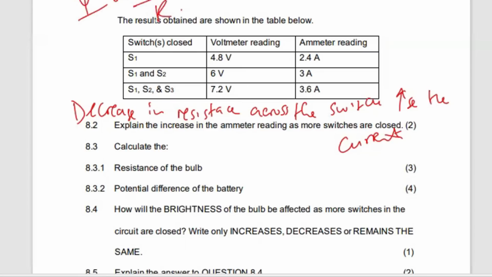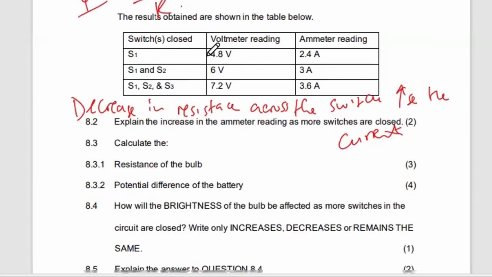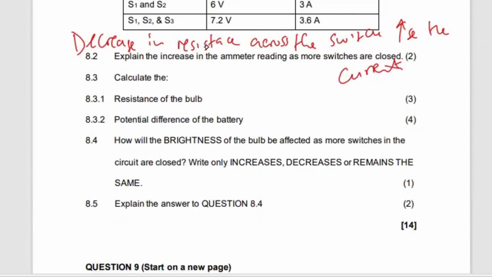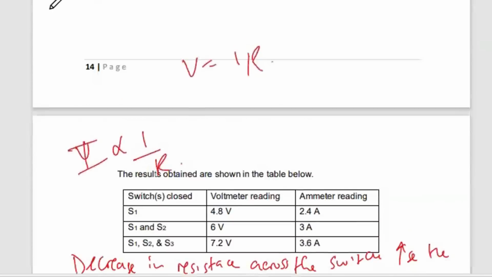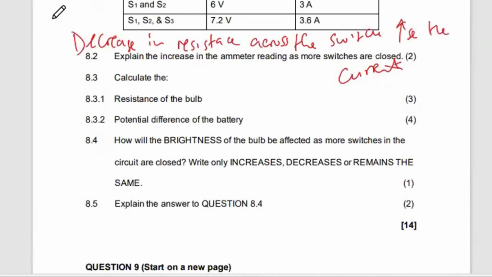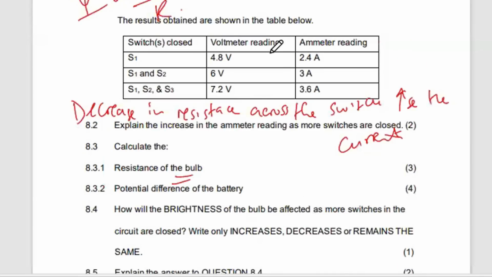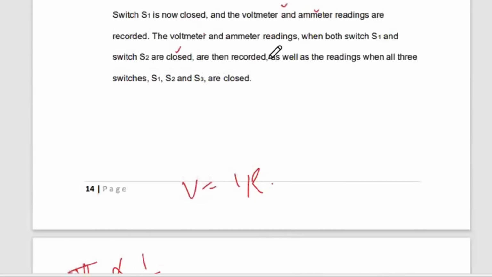You decrease the resistance, current will increase. Then 8.3, they want us to calculate the resistance of the bulb.